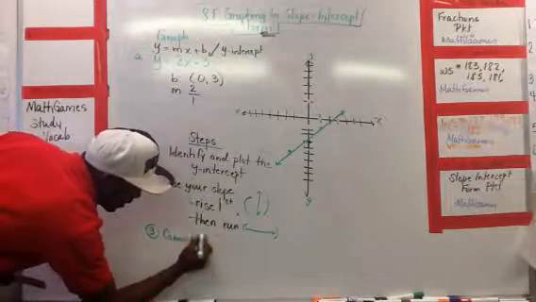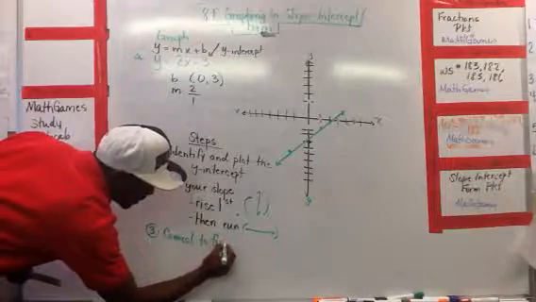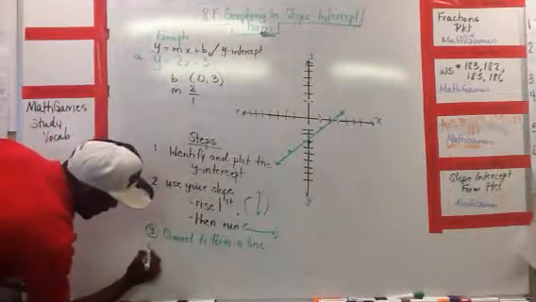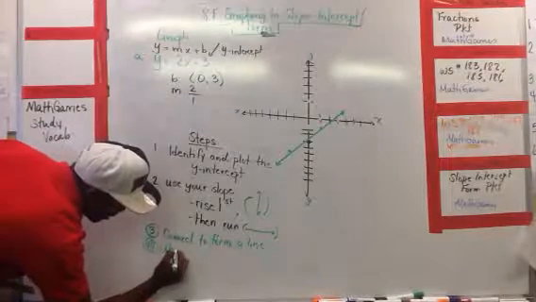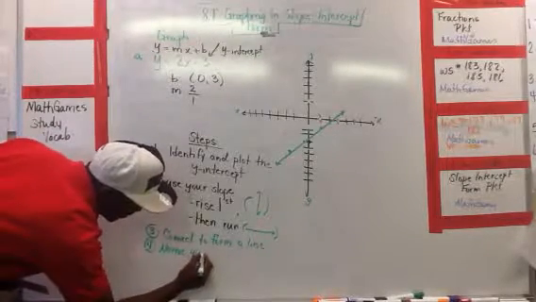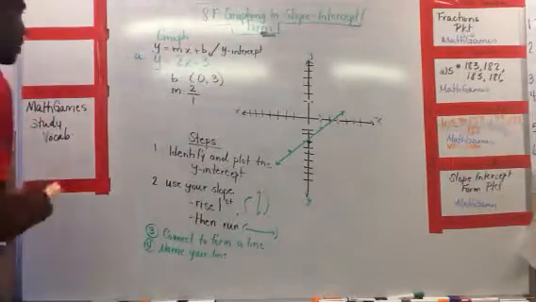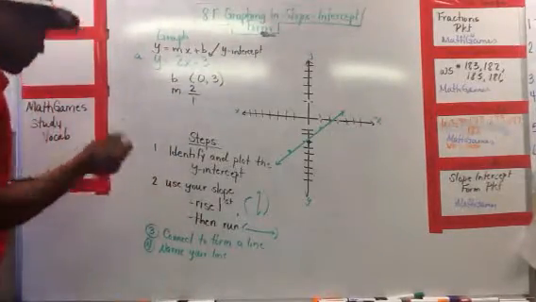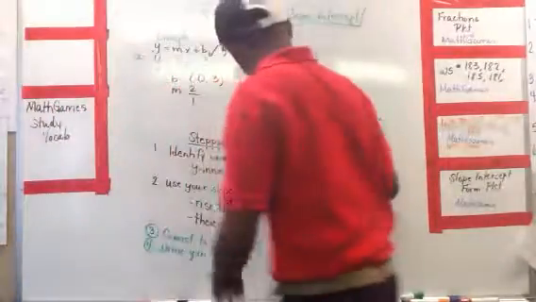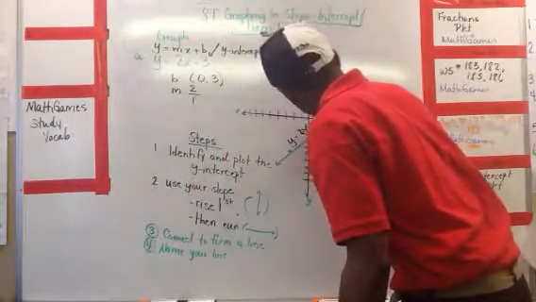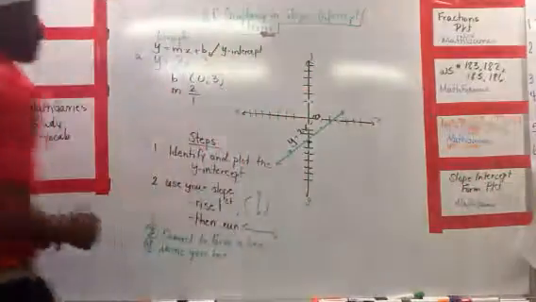And of course you connect to form a line. Name your line. You probably say, well, what do you mean name your line? The name of your line is the linear equation you started with. y equals 2x minus 3. And you want to write it right on top of the line.